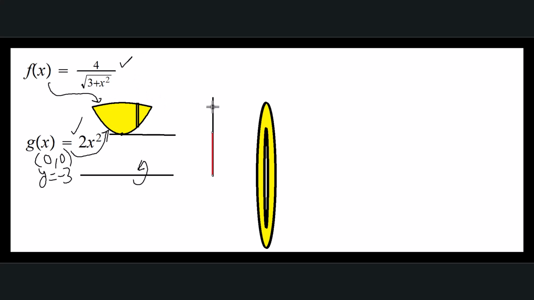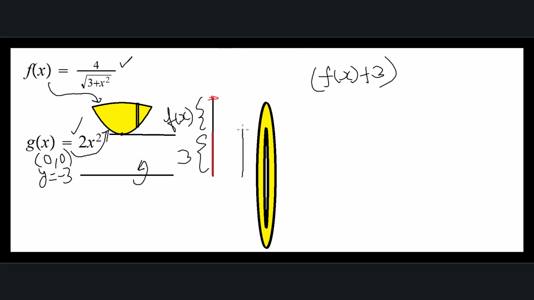So this part is 3 and this part is f(x). So the outer radius is how much? f(x) plus 3.